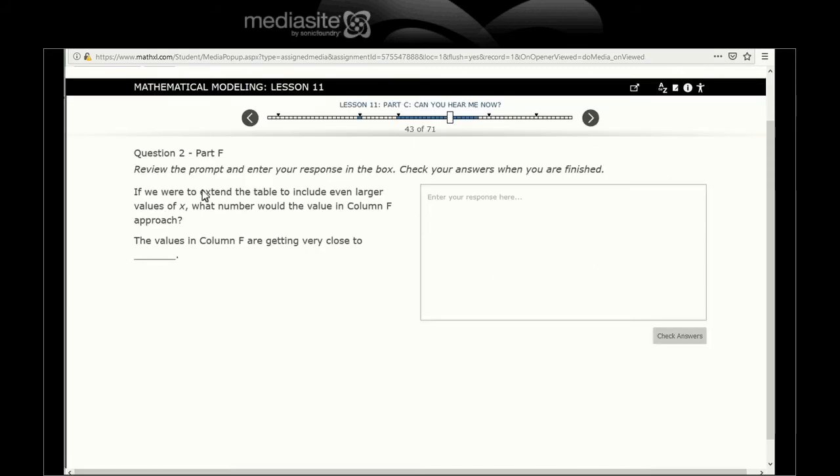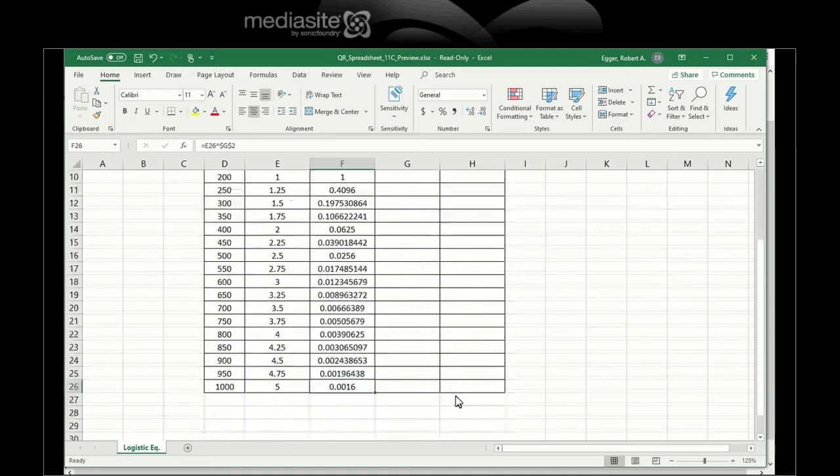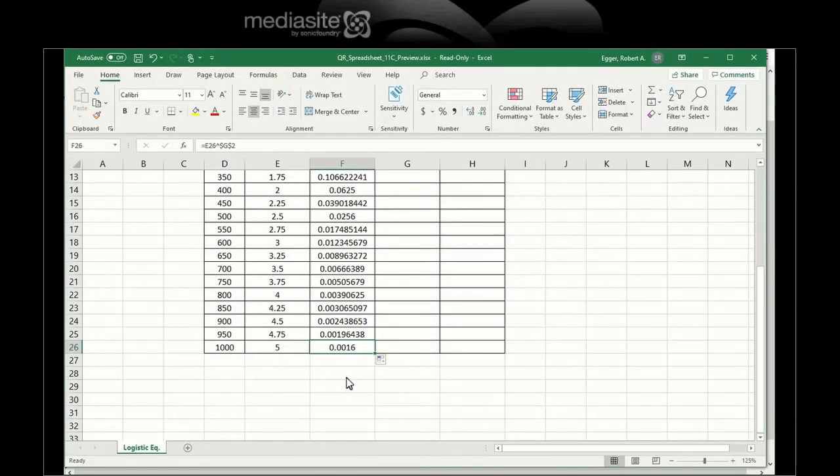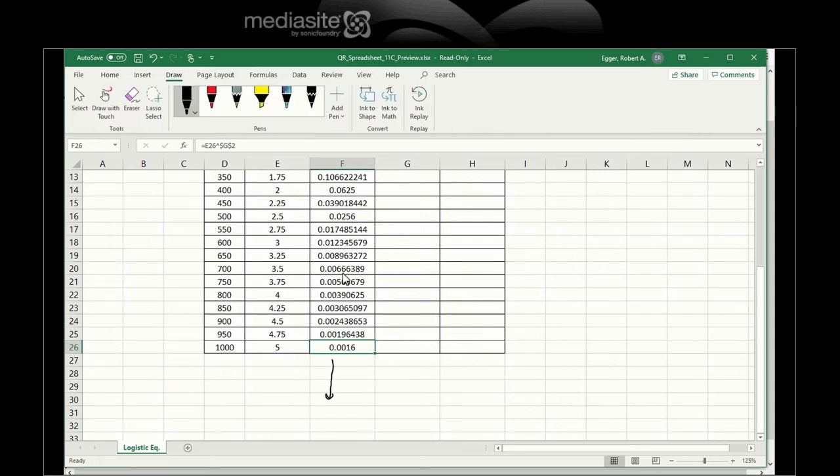Okay, if we were able to extend the table to include even larger values of x, what number would the values in column F approach? Well, let's see, it's getting smaller and smaller. It's staying positive. I keep getting bigger here, this gets larger, this will get smaller, and eventually approach 0.